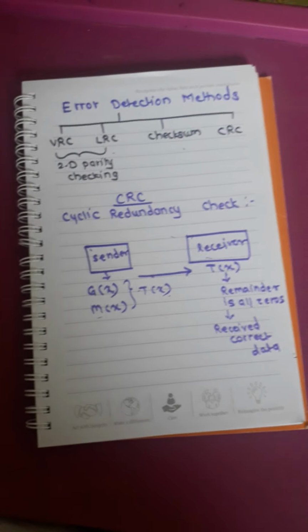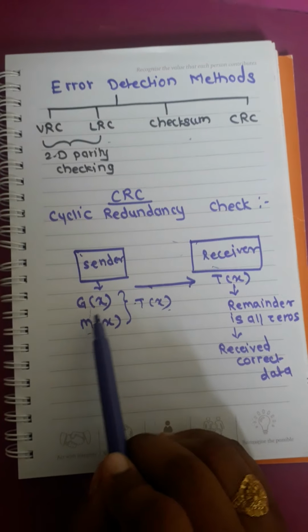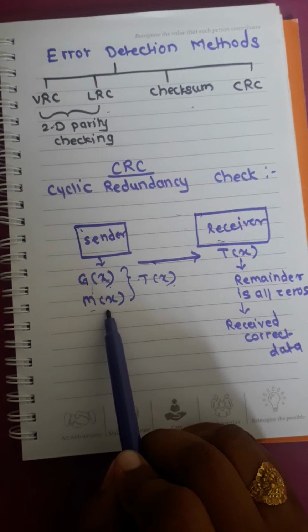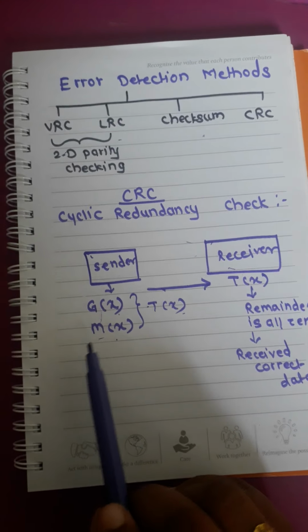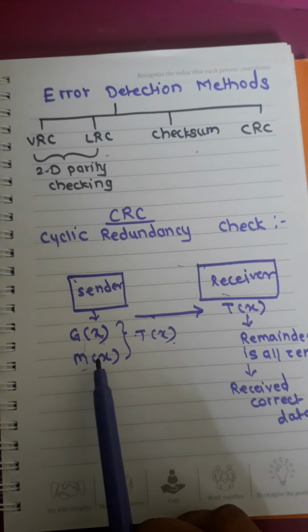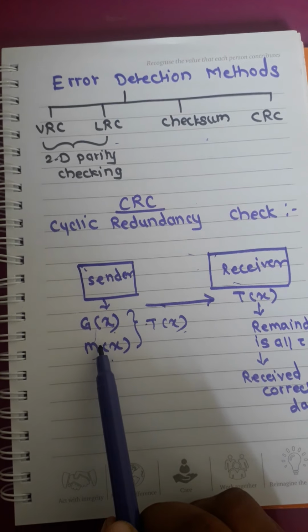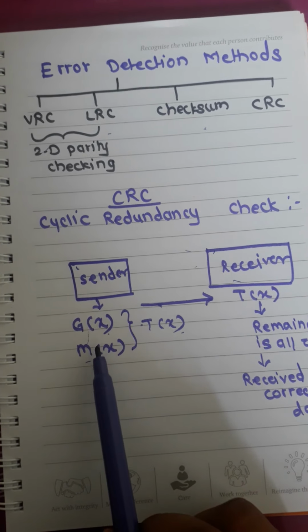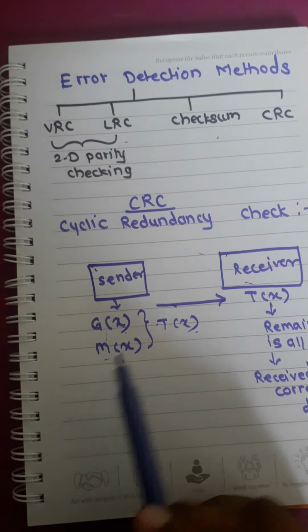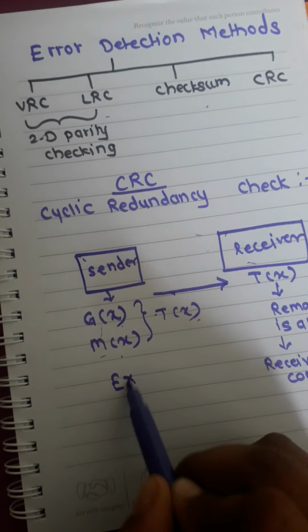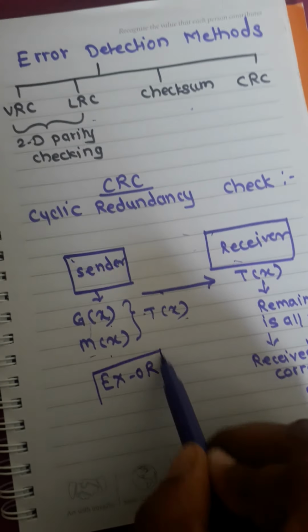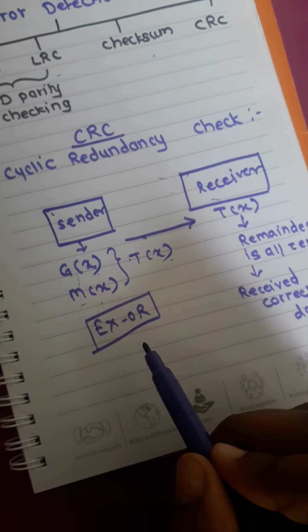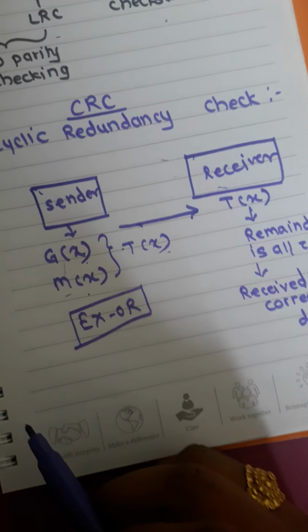The sender will have a generator polynomial and a message. We are going to perform a modulo 2 arithmetic operation, a modulo 2 division operation, in which we use the XOR operation. How do we take the output?